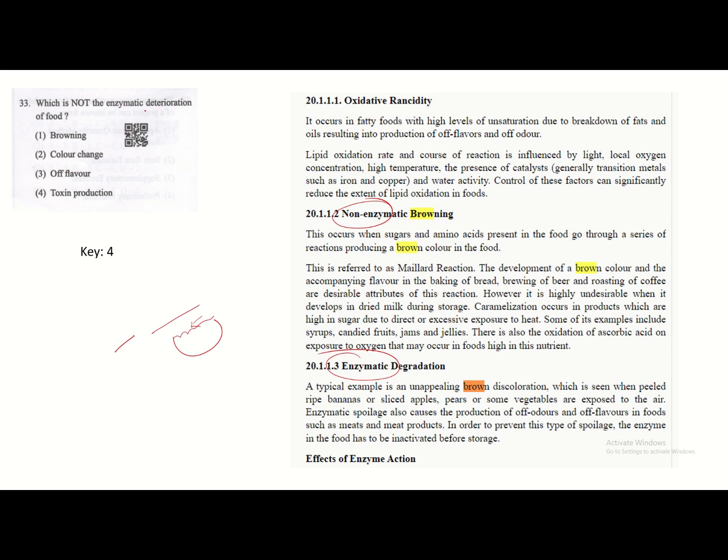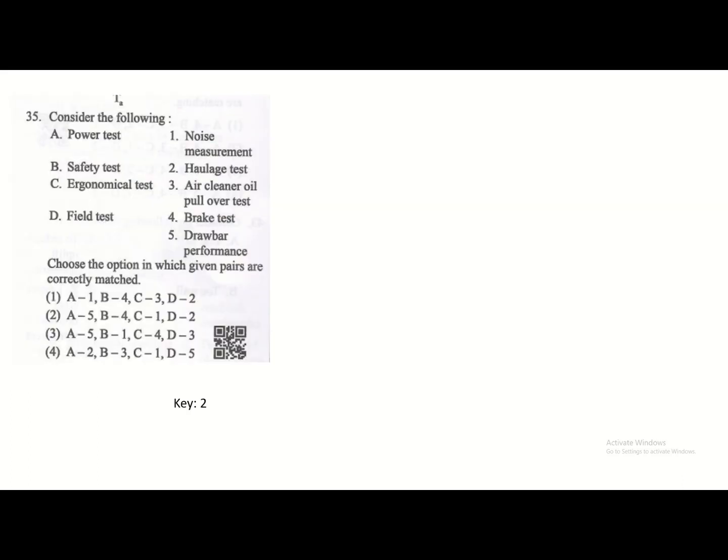So here, not enzymatic deterioration means the chemical action will not change. Browning is not the answer, color change is also not the answer, flavor also is not the answer. So this is the toxic one, 4 is the answer. The non-enzymatic browning, the flavor also will be there, the chemical reaction. Based on this, the toxic production is the correct answer.